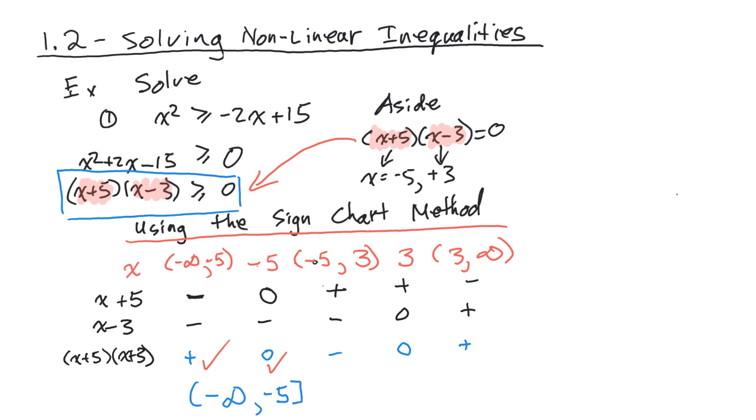And then we're going to use the U sign to represent the union or combining with the other stuff that works for our greater than or equal to equation that we have for our nonlinear inequality.